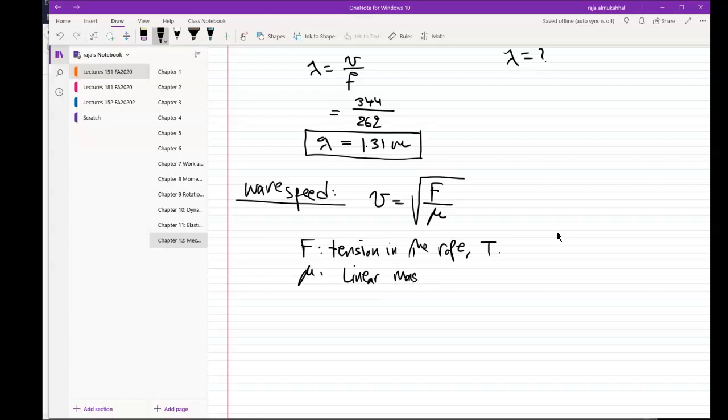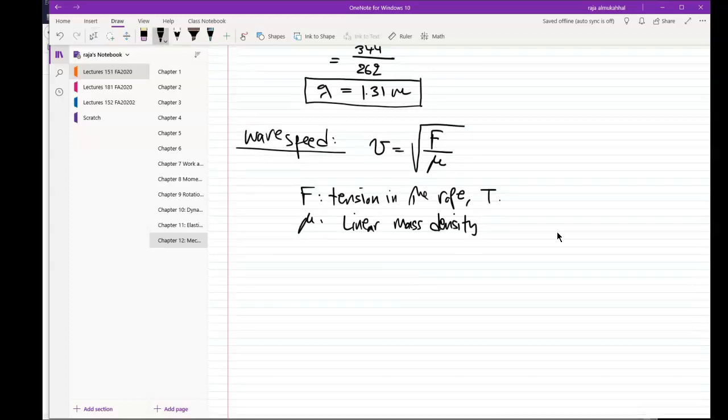Linear mass density. Very simple concept, really. A linear mass density basically is this. Let's say I have a string, a guitar string, and let's say the length of it is 1 meter.